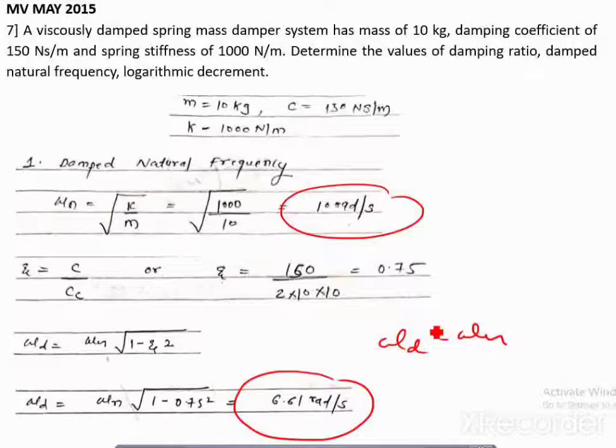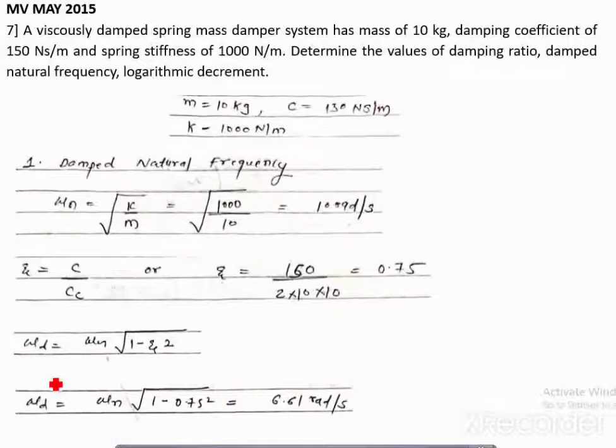Free vibration means you have not applied an external damper, and once the damper comes into action, the frequency becomes a damped frequency, that is omega d. It means the amplitude goes on decreasing, and the rate of decay of amplitude is measured by the parameter called the logarithmic decrement delta. This is the interrelation, right? You have to remember. You can watch earlier videos also.